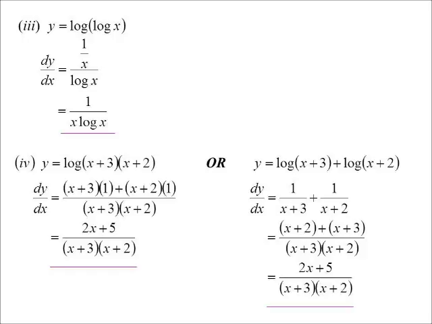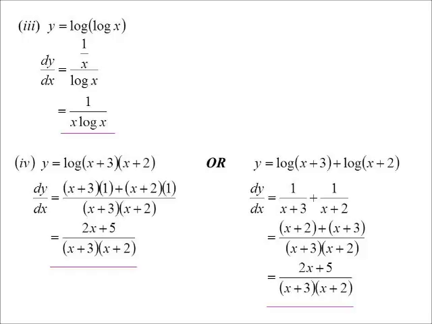I suppose it all depends on what I'm going to do with the derivative. If I want to find stationary points, so maybe we're drawing a curve or something like that, and we said, okay, well, to find stationary points, we're going to make the derivative equal 0. Now, in that case, I would like it as a whole fraction, because if a fraction equals 0, the top of the fraction equals 0.